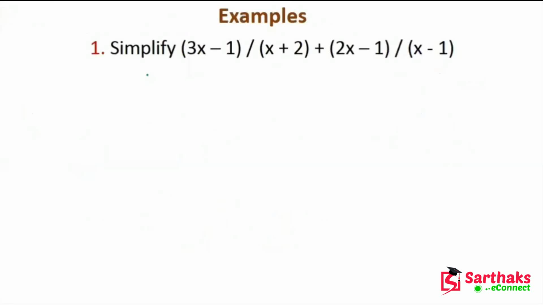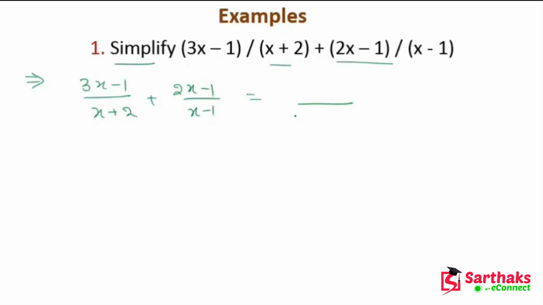So the first question is, simplify (3x minus 1) upon (x plus 2) plus (2x minus 1) upon (x minus 1). My dear friends, first of all, we have to take the LCM. So (x plus 2)(x minus 1) is the LCM.